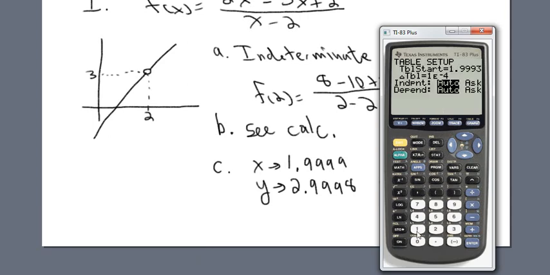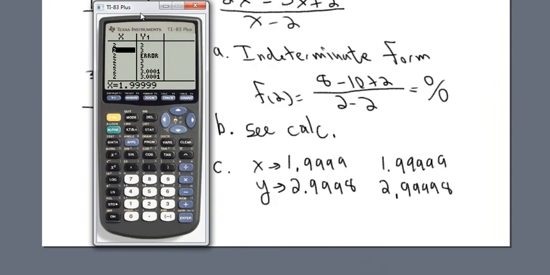Start at 1.9999, oops, I think I messed up somewhere in there. 1.99999, and counting by 0.00001. Well, this is going to automatically round for us, so I guess we can't really see that through the calculator. But my guess is it's going to be 2.99998 if we actually plug it in and see. Alright.